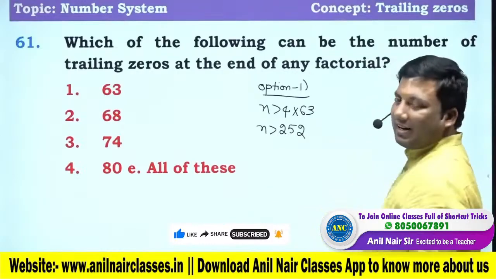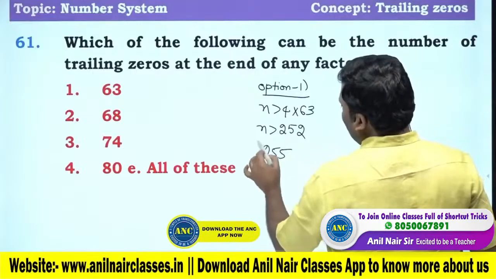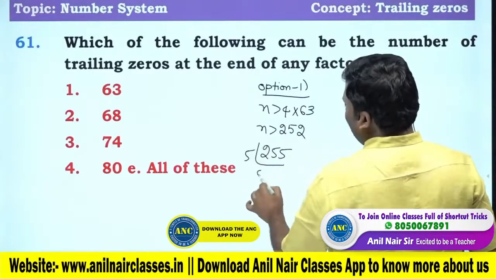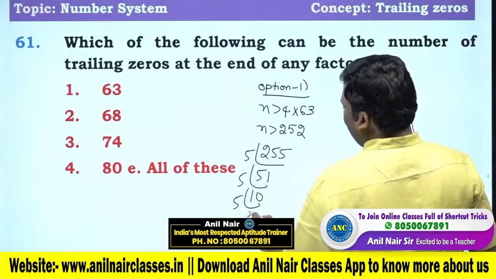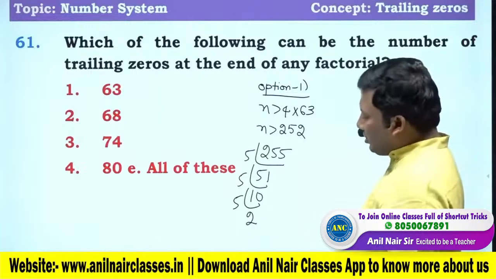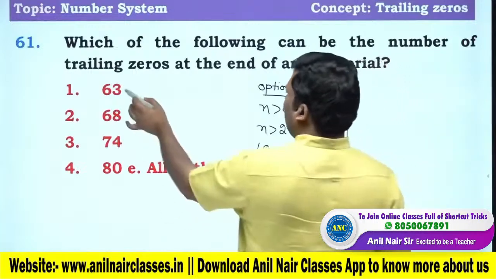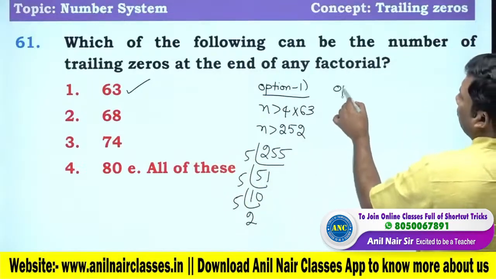What is the multiple of 5 greater than 252? 255: 51, 10, and 2. 51 plus 10, 61 plus 2, 63. It is possible.